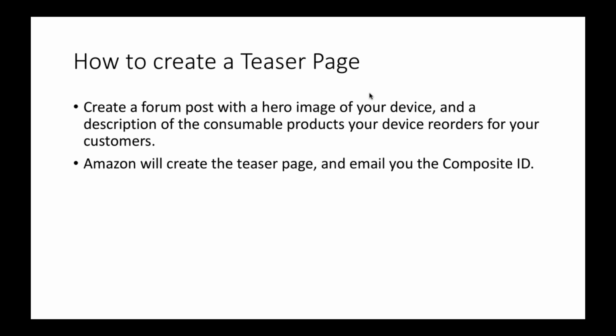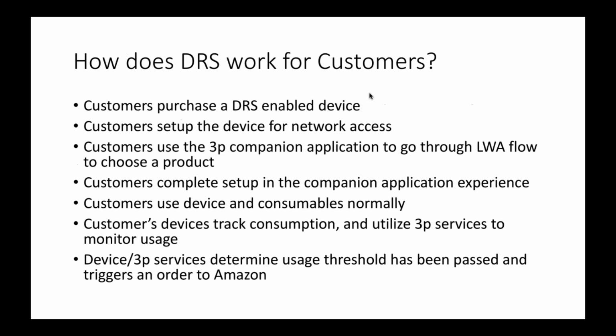So, for example, if your device was a washing machine, you could send us a hero image of your washing machine and indicate that your washing machine orders laundry detergent and fabric softener, let's say. And we will create the teaser page for you and email you the composite ID. The composite ID then is used in the URL from the documentation to actually display the teaser page to your customers transactionally when they register.